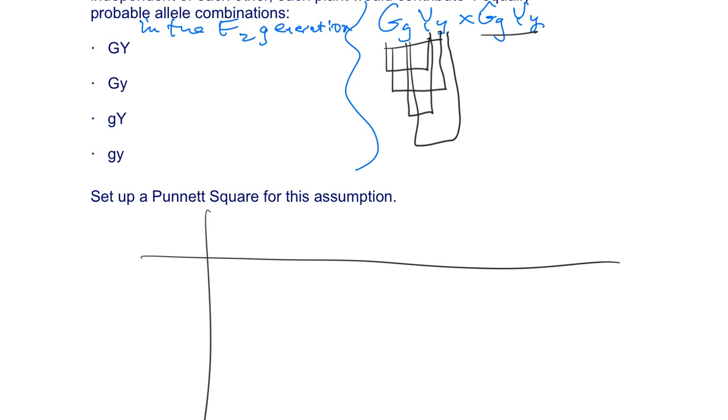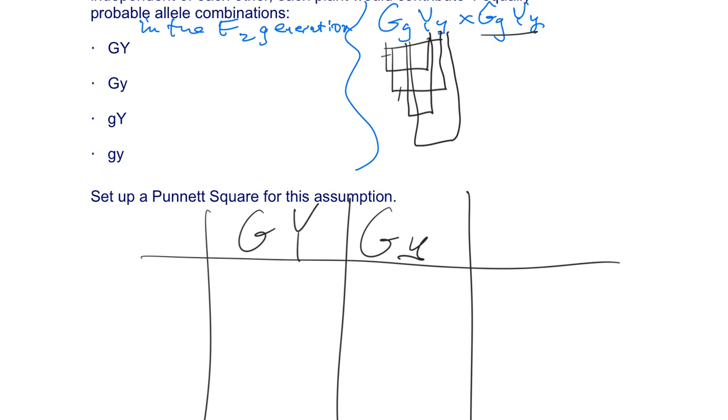So the first is big G, big Y. The second, outer, is big G, little y.